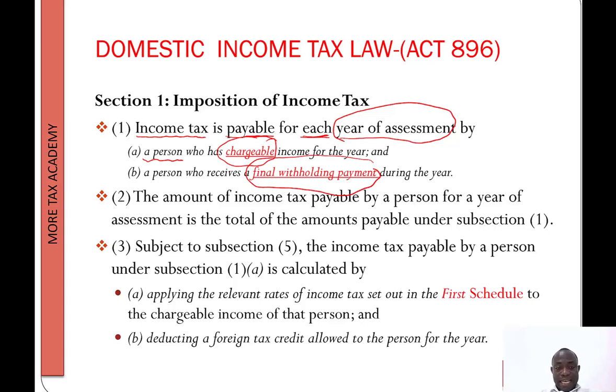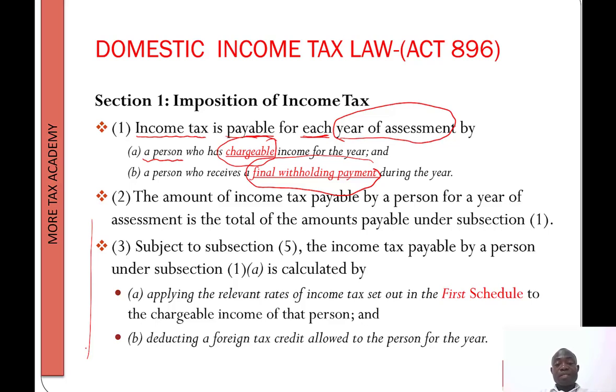Okay, let's first take the A. The A says that you must have a chargeable income for you to be subjected to taxes in Ghana. Now again, let's try to understand the words chargeable income. So I'm going to suspend all the other provisions for now. It doesn't mean that you shouldn't continue reading it, but let's go to chargeable income. What do we mean by chargeable income, even if we take only the A?